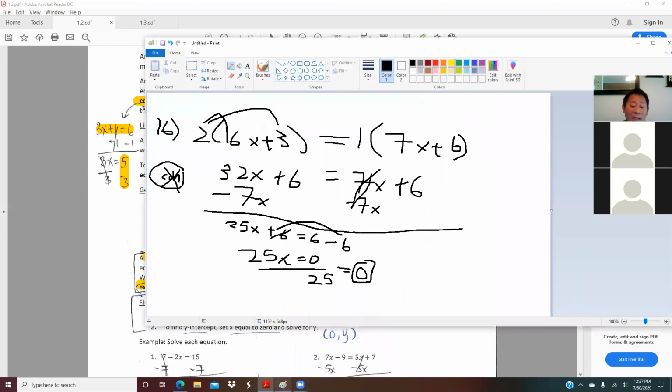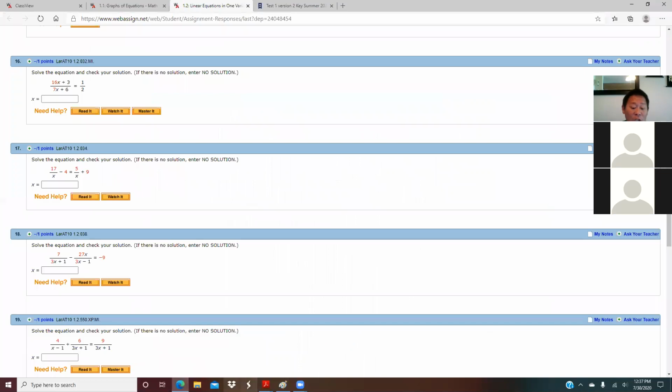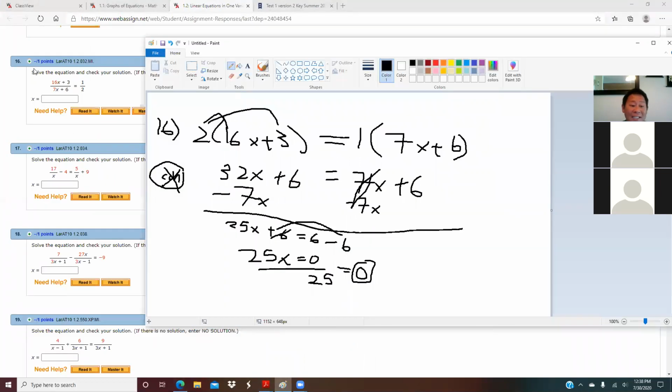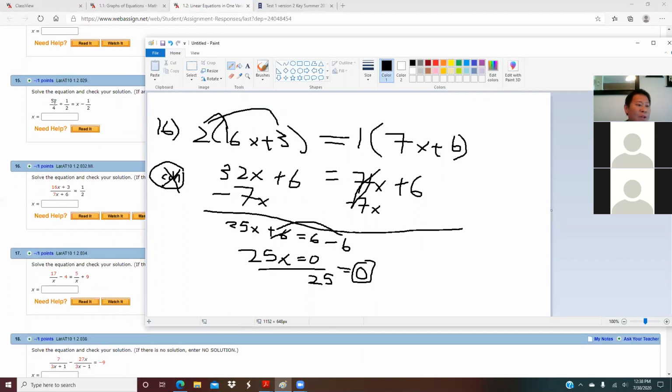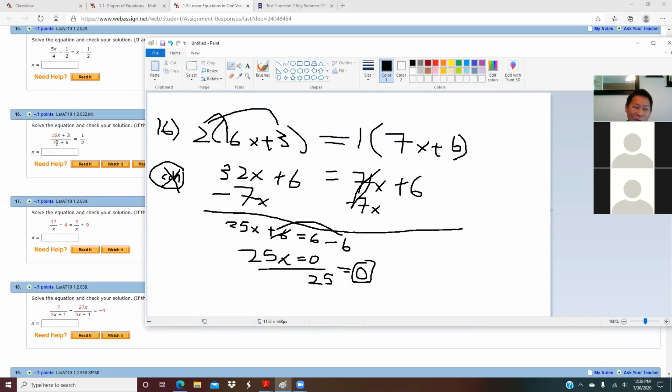What do I mean here? This is what I mean on this question. So we solve this question 16, which we get x equals to 0. But this one we do not need to check 15 because there's no x in the denominator last time. This one has an x in the denominator, so you have to check it by plugging 0 inside here.